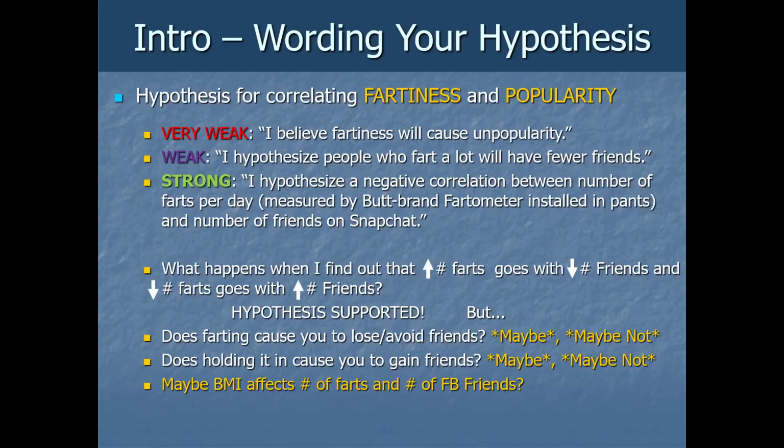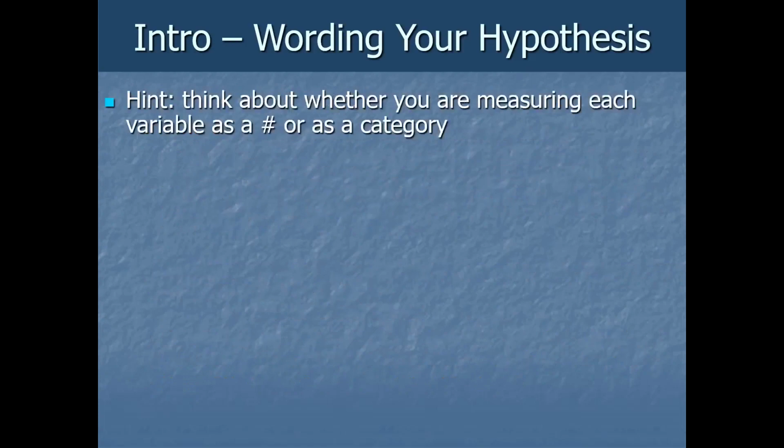Stick to correlational wording if that's the design you're using. And when you mention your variables in the research hypothesis at the end of your intro, try to be specific about what you're measuring, and it helps a lot here to be getting specific about whether you're measuring things as a number or as a category, specifically because that will later determine what statistics you can use to analyze the data.